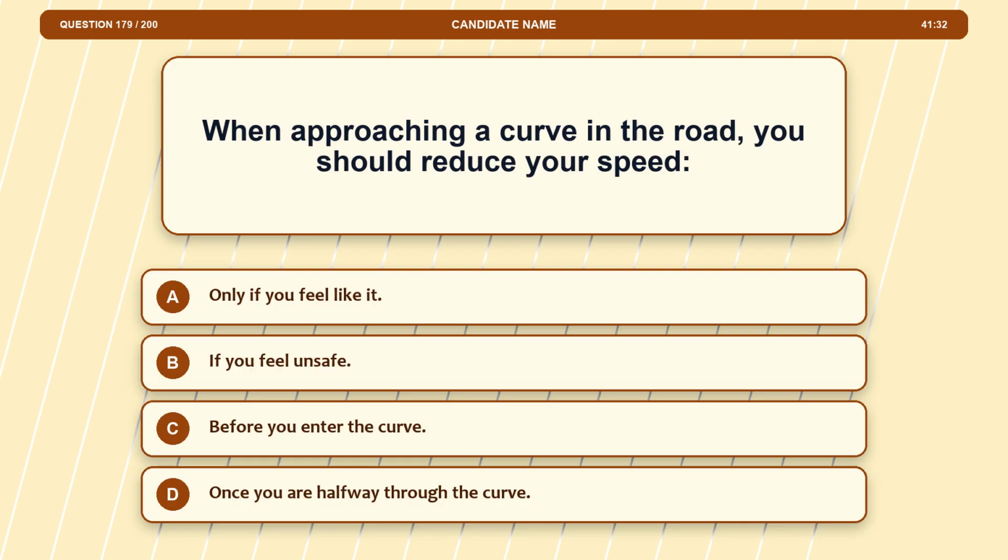Question 179. When approaching a curve in the road, you should reduce your speed. Option A, only if you feel like it. Option B, if you feel unsafe. Option C, before you enter the curve. Option D, once you are halfway through the curve.